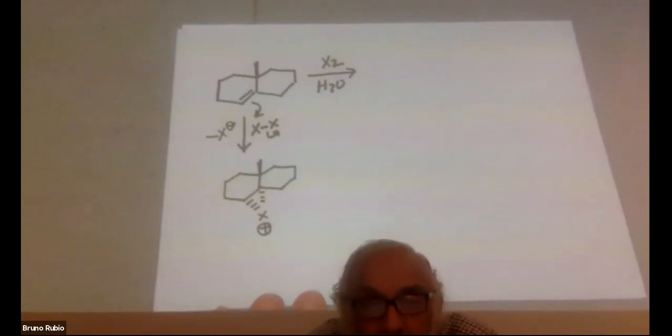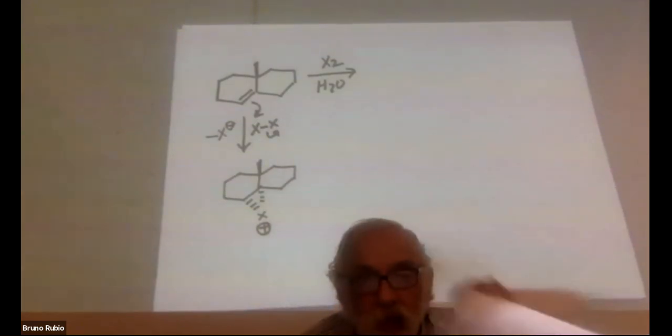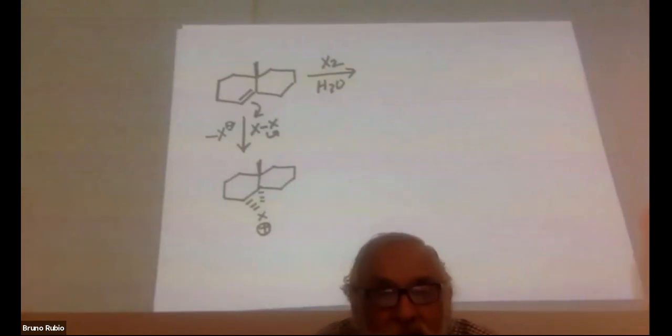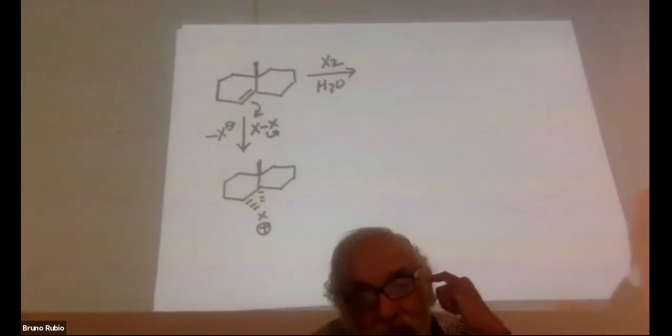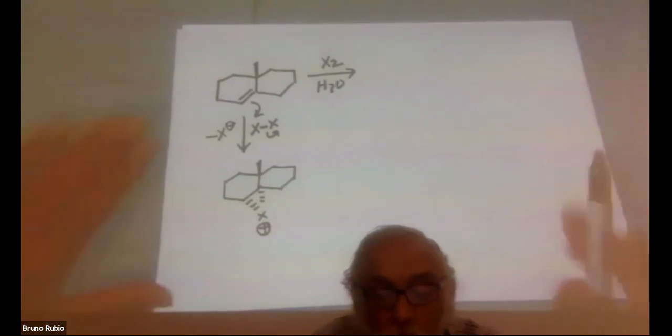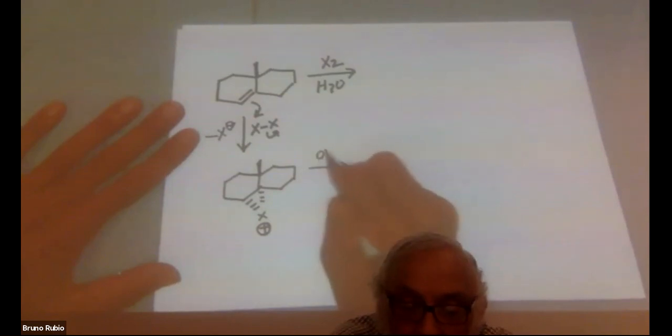And now what happens is the water insinuates itself, attacking the more substituted carbon, right? Water attacks the more substituted, and it also attacks in an anti-fashion. The X plus is huge. He's on dashes. The water is going to attack on a wedge.